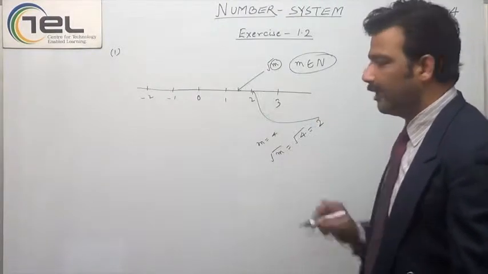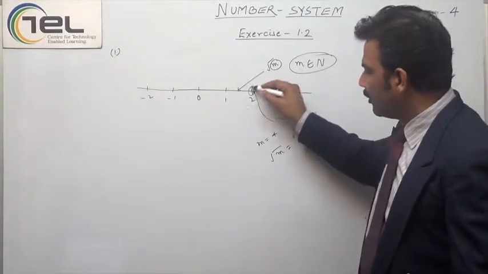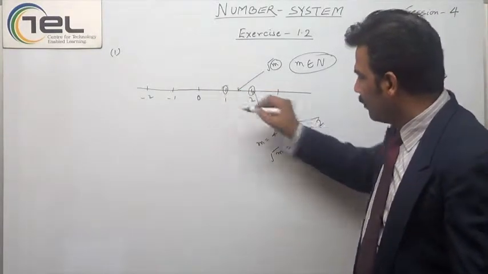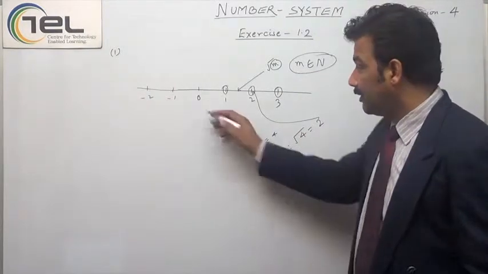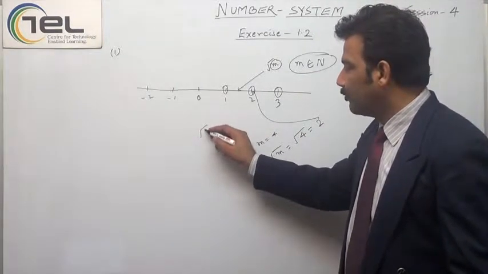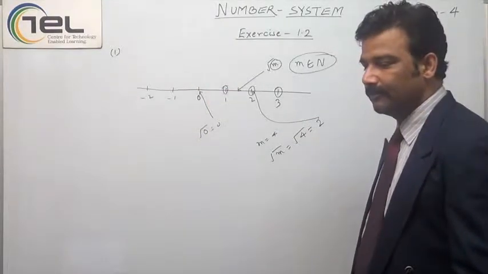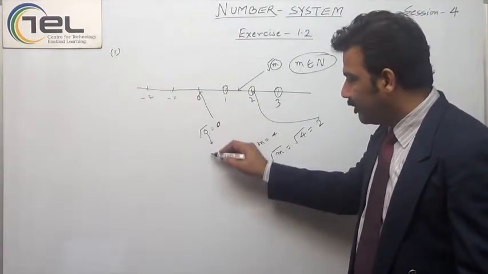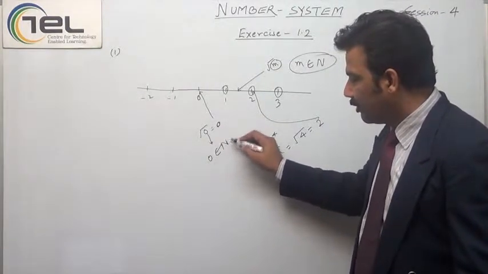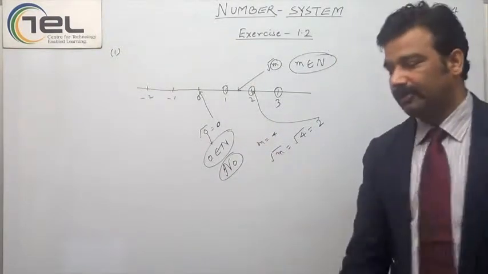So somebody says, yes, we can represent it, but is 2 the only number, or 1 the only number, or 3 the only number? There are other numbers also. Let's say square root of 0 is 0. I will take another number, but does 0 belong to natural numbers? No, it does not belong to natural numbers.